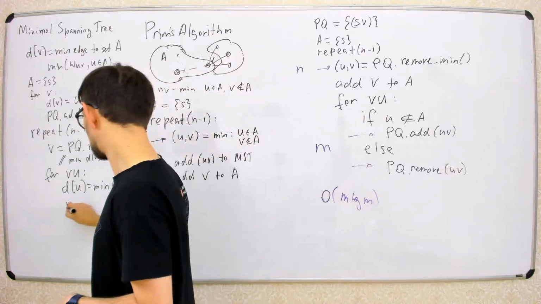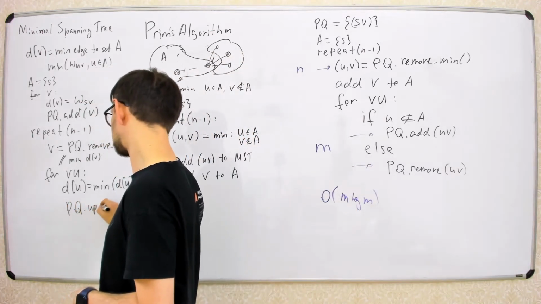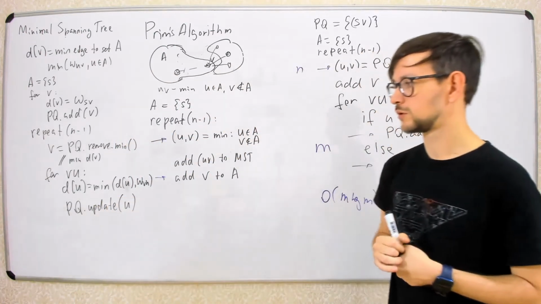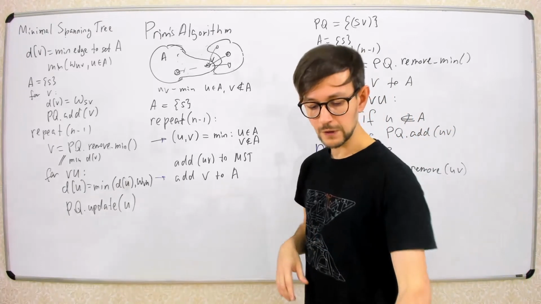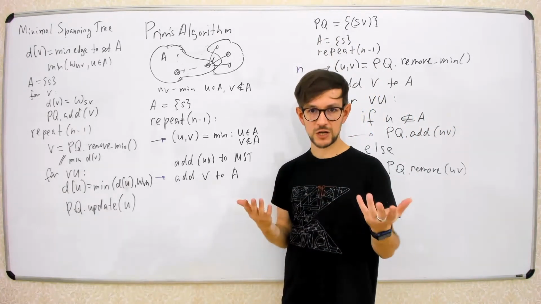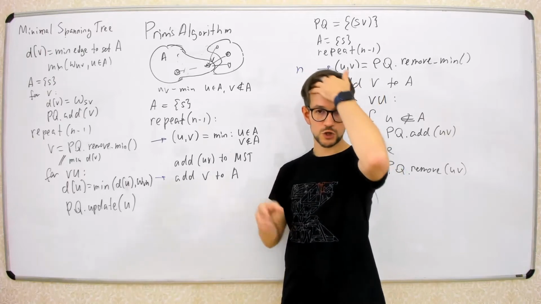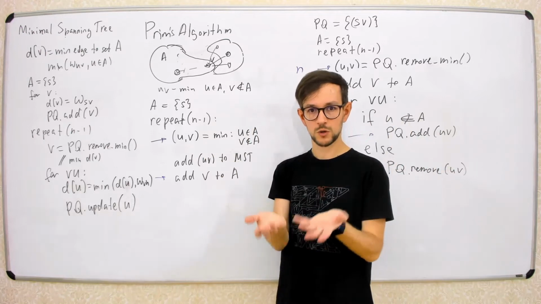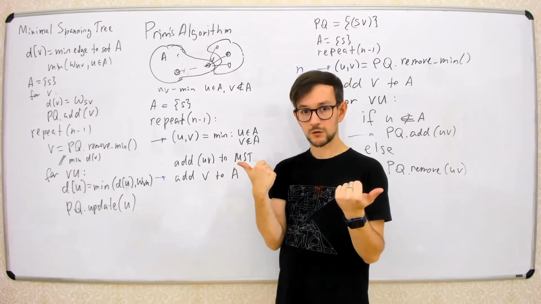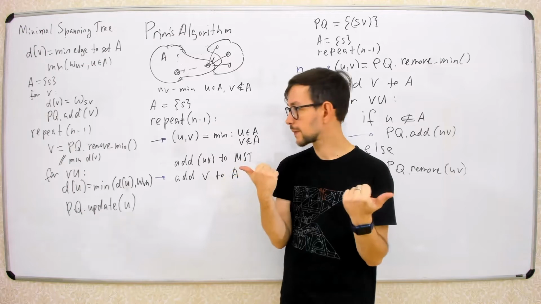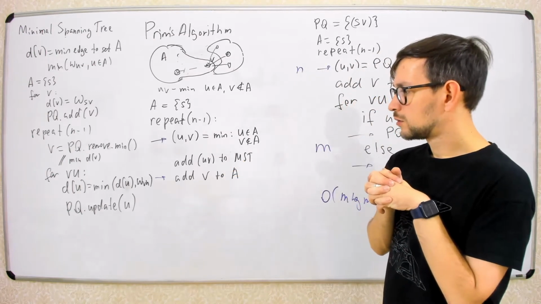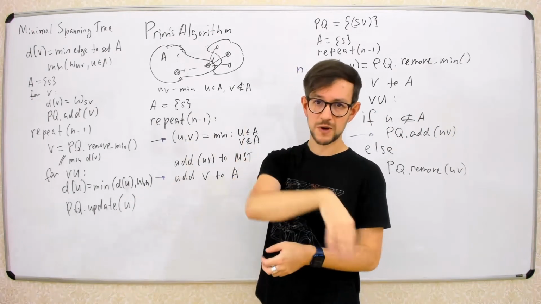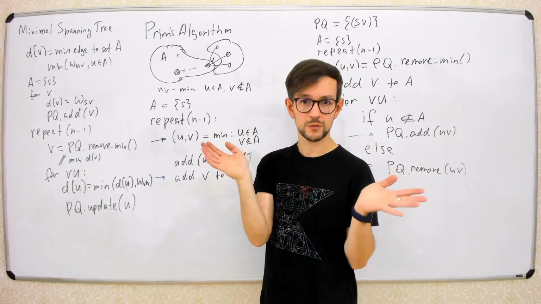So in the priority queue we need to update this element u. For example, if you have a binary heap, you need to sift this element up. So you change the key of the element, you need to sift it up to make the priority queue valid again, right? That's how I update elements. Alternatively, you can just remove the element, update the value, and then put it back in the priority queue. That's one of the ways to do it.